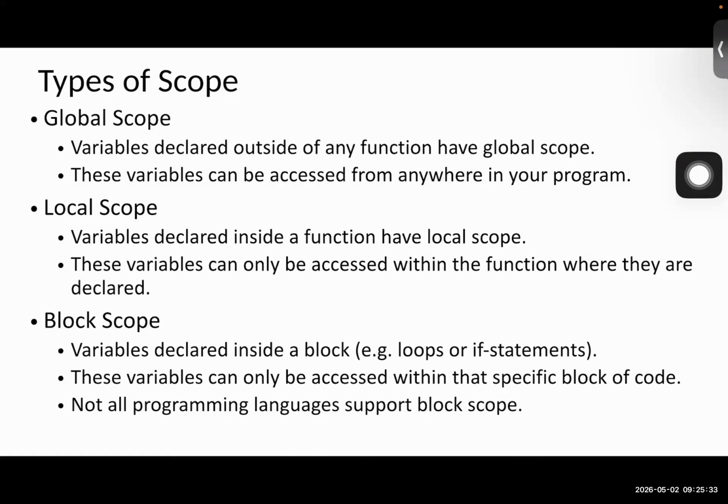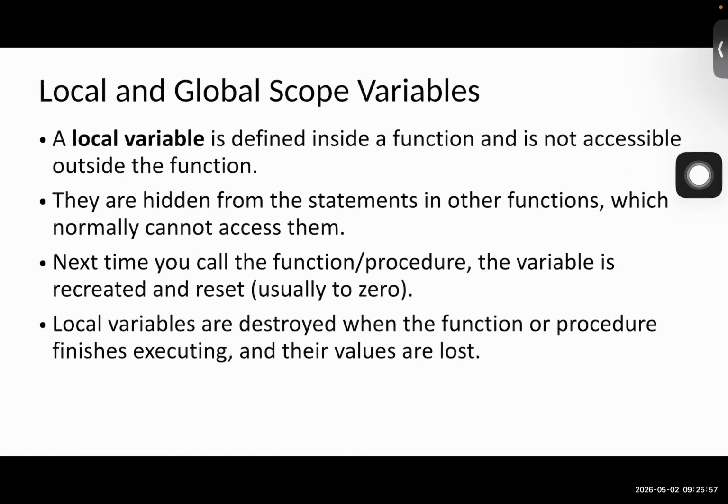When you leave the for loop, the int i does not exist again. You can only find the int i in that block, and you cannot see its value anywhere else within the program. So that's the block scope.